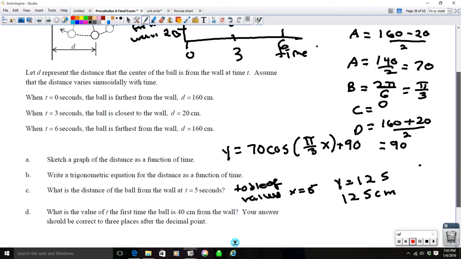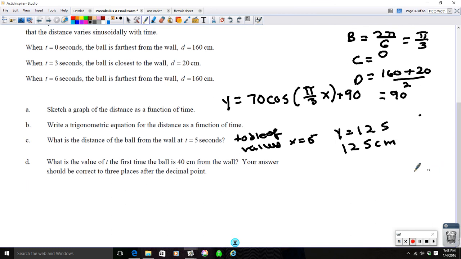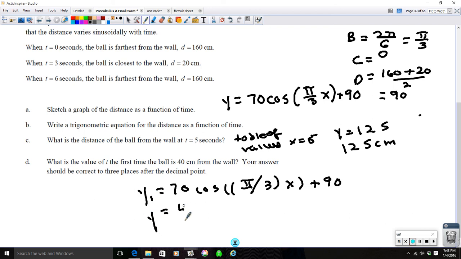Now, the next piece of this, again, I don't have the calculator. You're going to put y equals that equation in your calculator. Remember, you're going to put this in looking like this, pi divided by 3 x, close the parentheses, plus 90. That's how it should be in the calculator, and that's y1. You're going to put y2 equaling 40. So we want to find the first time the ball is 40 centimeters from the wall.